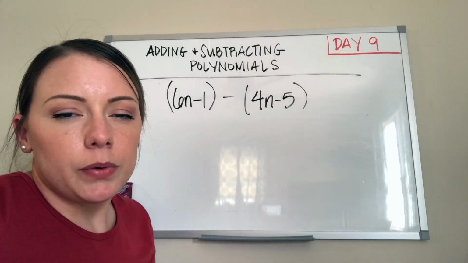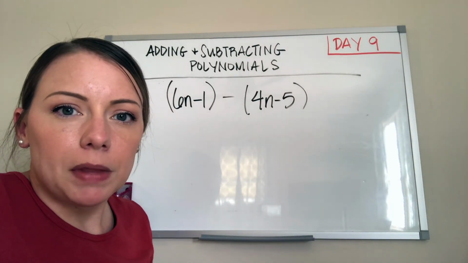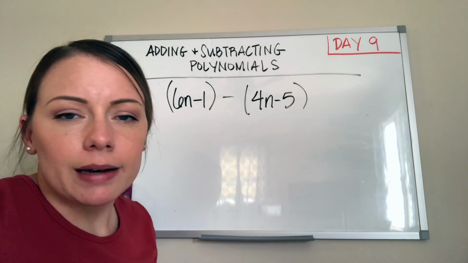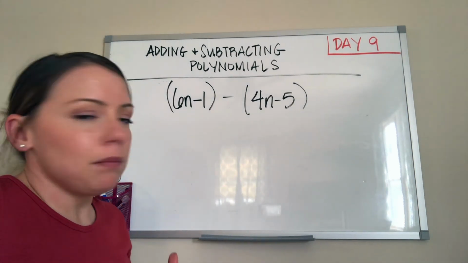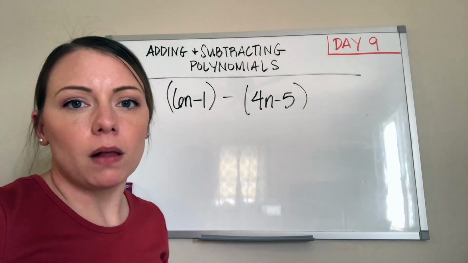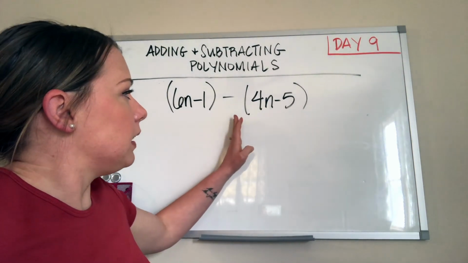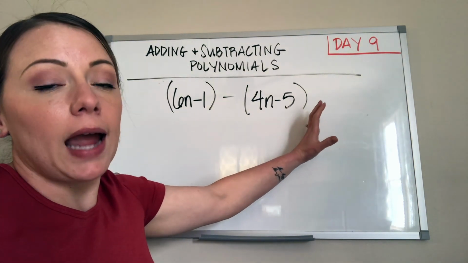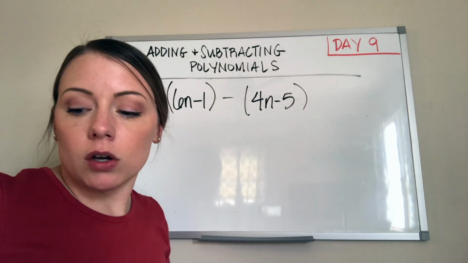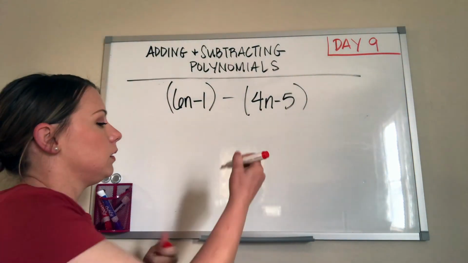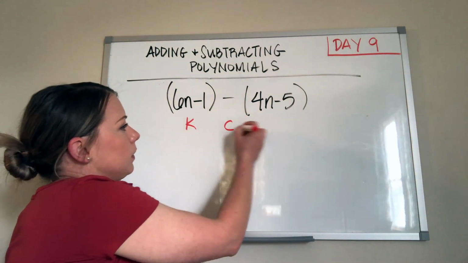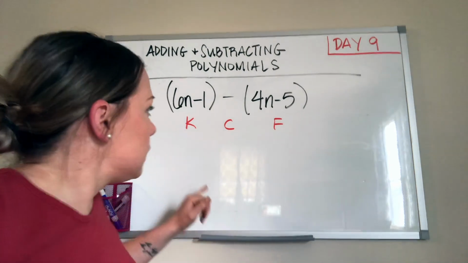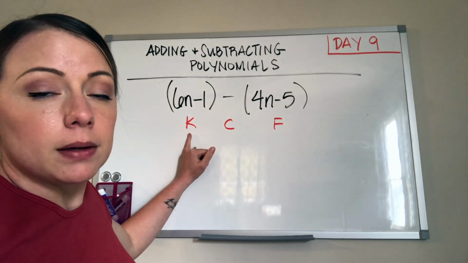All right. So now I'm giving you a subtraction example, and in your notes it starts talking about to subtract is to add an opposite. So what that means is when I am subtracting polynomials, I'm going to find the opposite of the polynomial after the subtraction sign and actually add its opposite, which a good way to remember that is we are going to set up a keep, change, flip problem, which means we are going to keep the first polynomial completely the same.